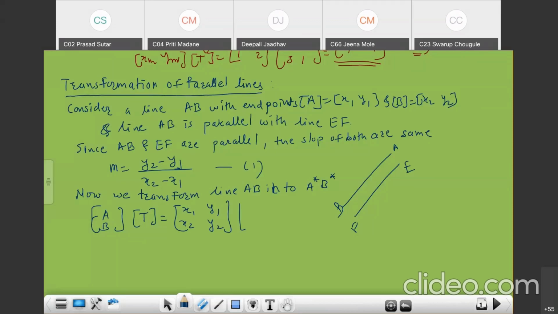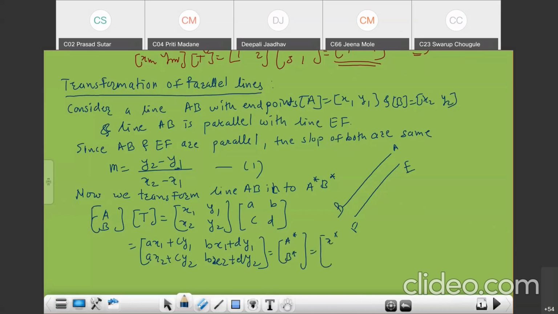(x1, y1) and (x2, y2), the endpoints A and B, multiply with the transformation matrix [a b; c d]. So we will get the result that we have already written many times: (a x1 + c y1, b x1 + d y1) and (a x2 + c y2, b x2 + d y2), which is equal to A star B star, means the new transformed line, and the new endpoints are (x star, y star).